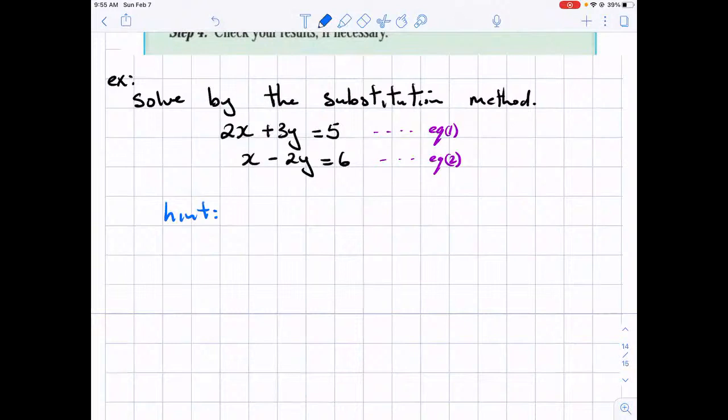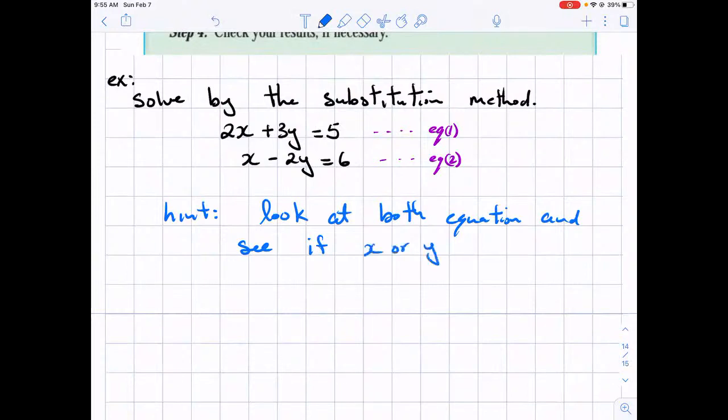Look at both equations and see if x or y has a coefficient of 1.